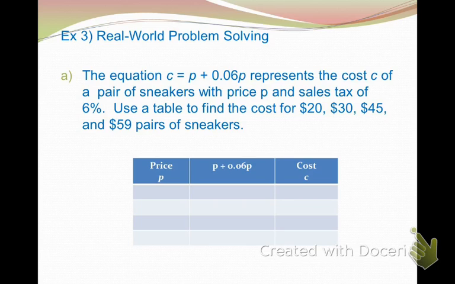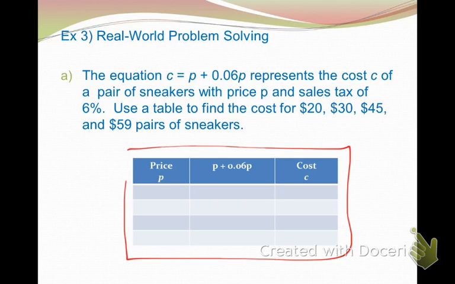So what's happening here is you're going to write a table just like this one and use the same ideas that they gave you. And then on price, they gave you even the prices. They said 20, 30, 45, and 59. And then you're going to plug it in to this information over here.